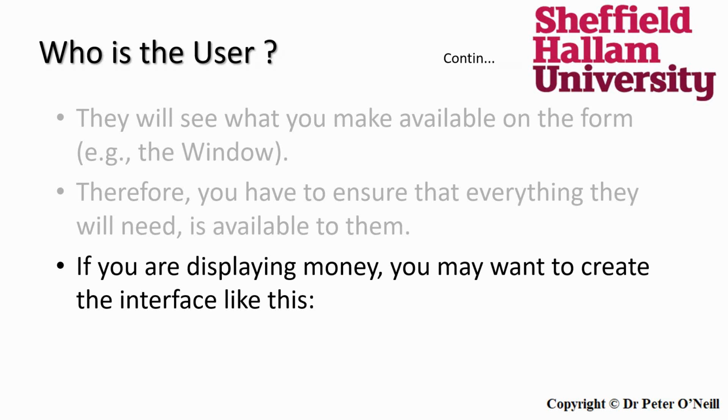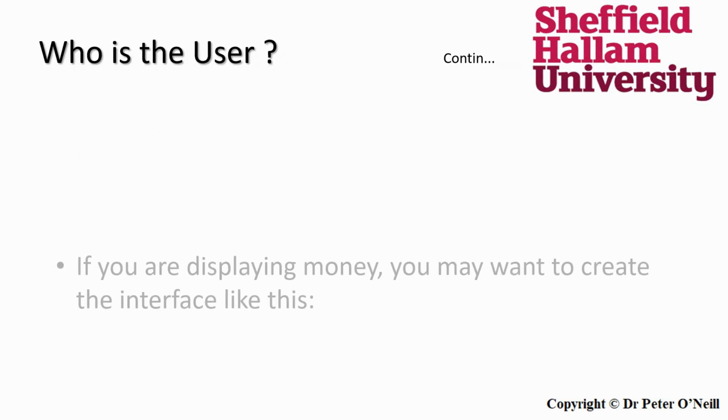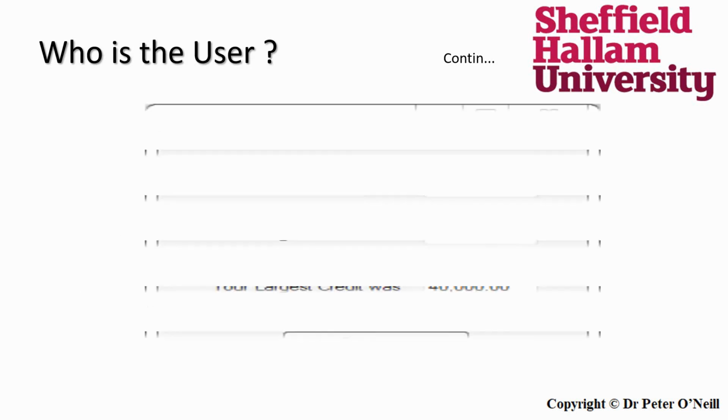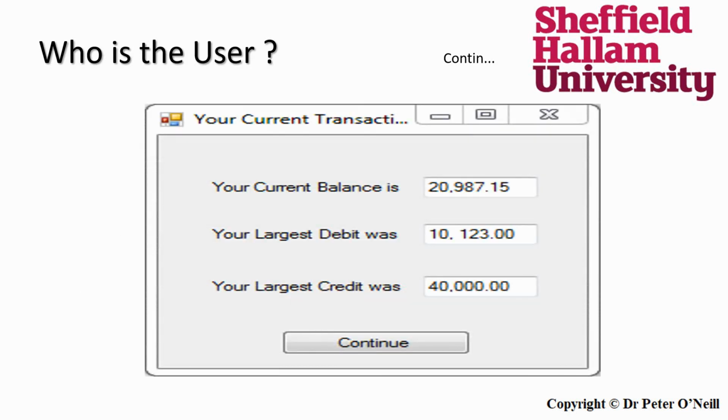If you are displaying money, you will want to create an interface maybe like this. Okay? So there we are, money. Now notice here we've got the current balance is 20,987.15, with a comma, I would imagine.